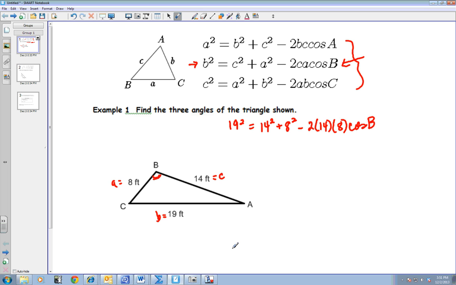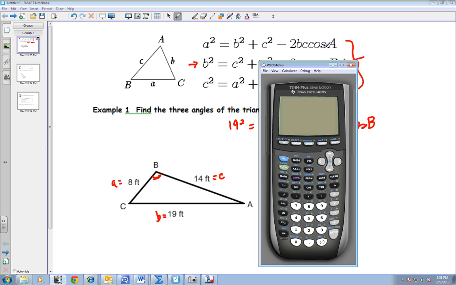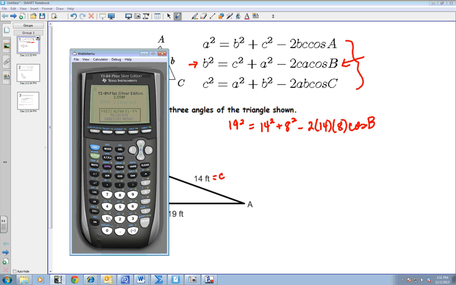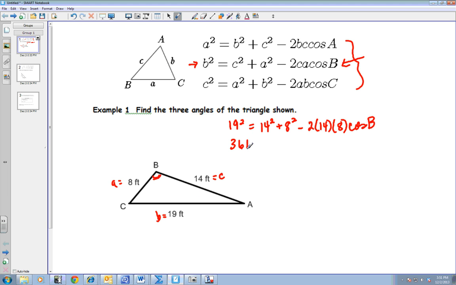Now I'm just going to do a lot of algebra in order to solve for angle B. So 19 squared, let me get my calculator up here. 19 squared, 361, equals 14 squared, which is 196, plus 8 squared, which is 64, minus 2 times 14 times 8, and that's 224, times the cosine of B. Now I have 361 equals, I can add 196 and 64 together.